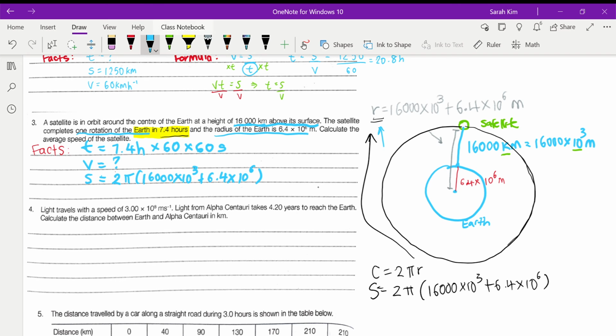Now, my v is going to be s over t. My s is that big thing we wrote.